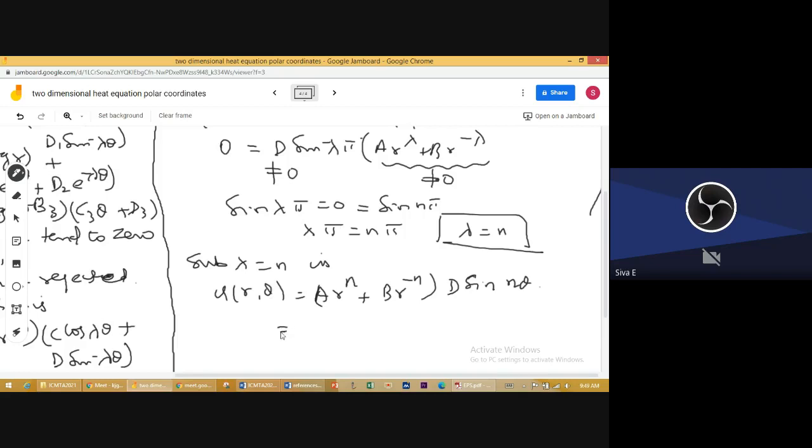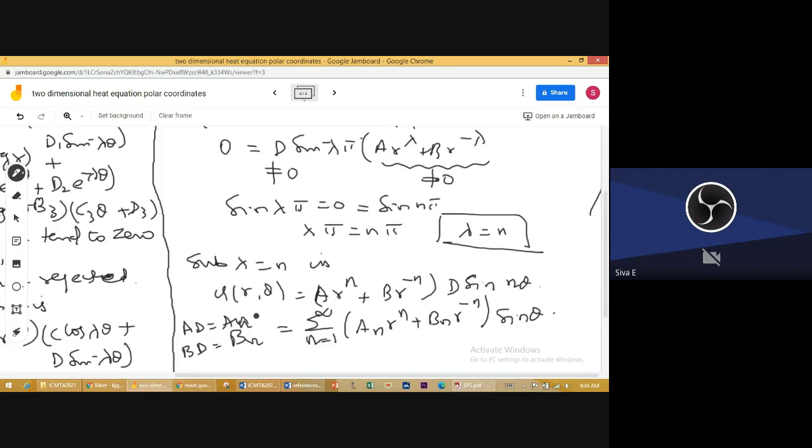So this can be written as summation of n equal to 1 to infinity. If you are taking AD equal to some An, BD equal to Bn, therefore we can write this as An r power n plus Bn r power minus n, sine n theta.